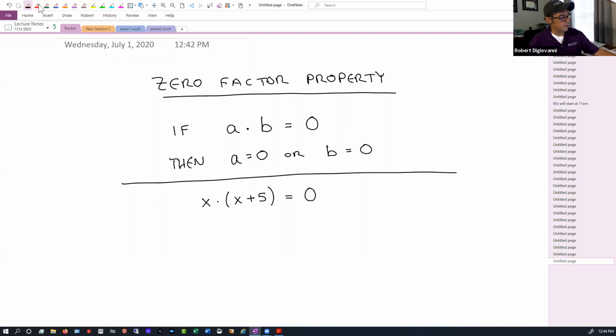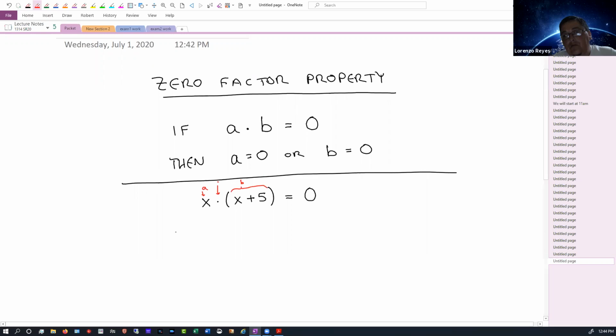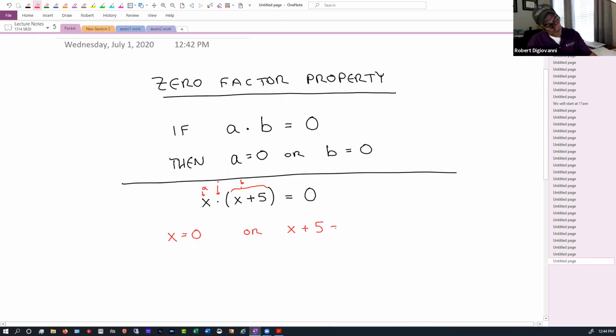So you want to look at this as the A being the x and the B being this entire thing. If those two multiply to be 0, then according to this property, either A is 0, which means x equals 0, or the B is 0, but the B is x plus 5, which equals 0.